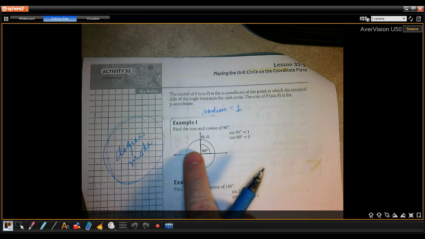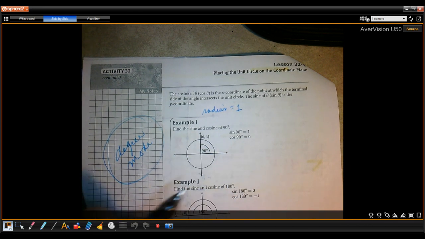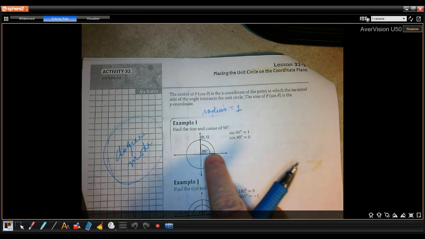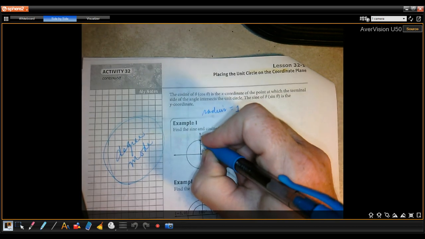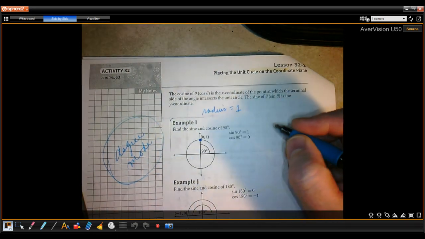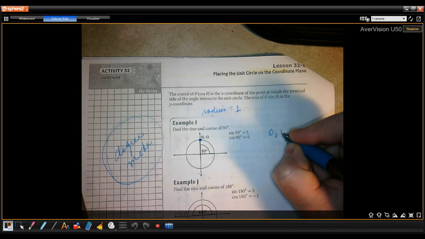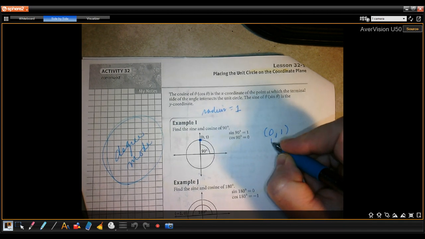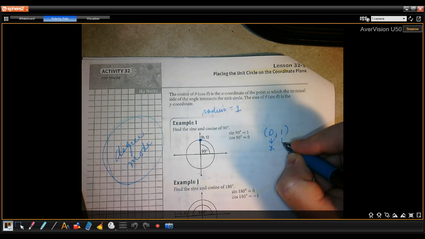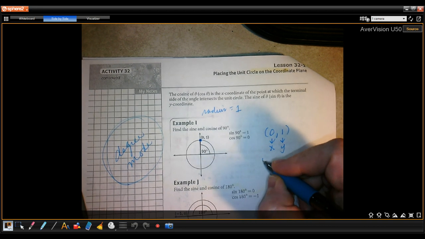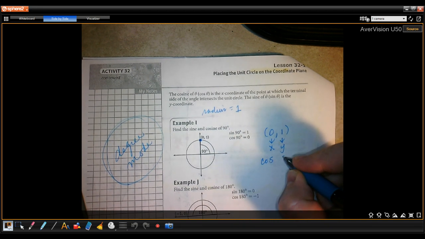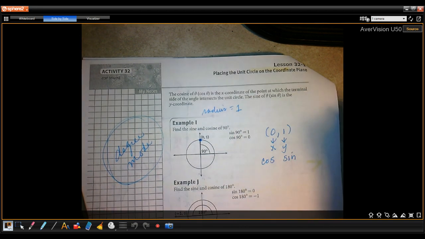Then it says, same thing we just talked about. You can read that. Find the sine and cosine of 90 degrees. So here's 90 degrees. 90 degrees is right here. So if 0, 1 is the point, then 0 is my x, right? 1 is my y. So we can say cosine, sine, and that's how they're doing that.